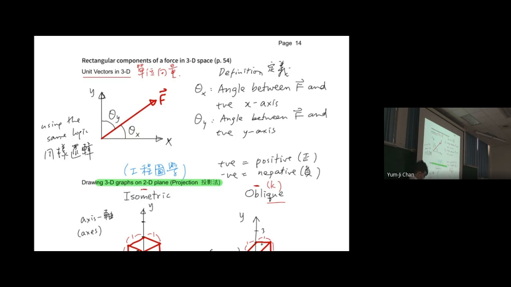I should write it more clearly. If we have 3D, of course we can define a theta z.